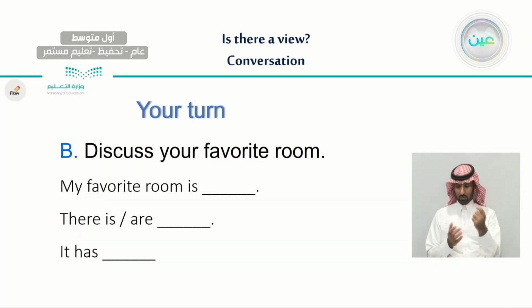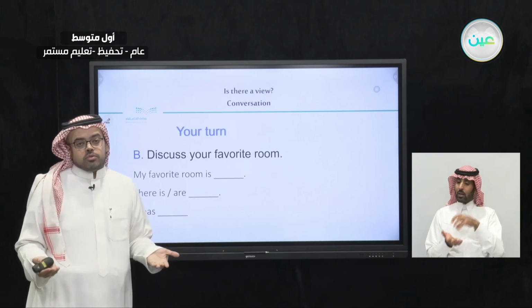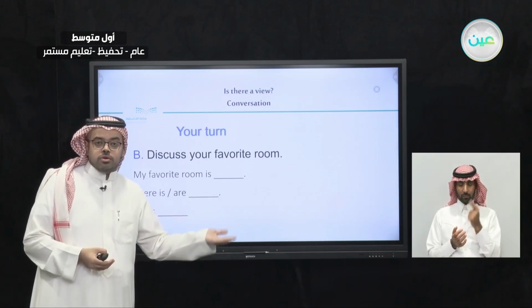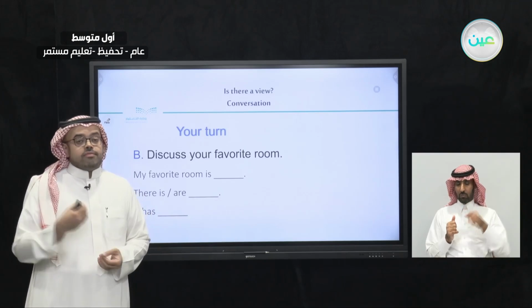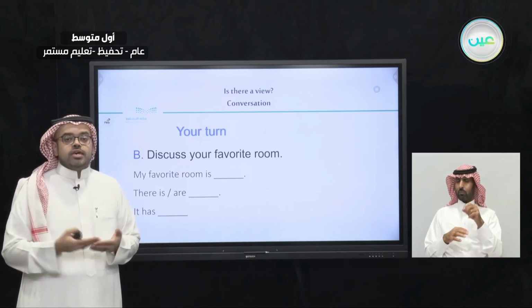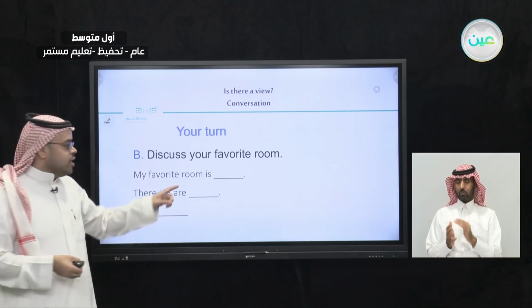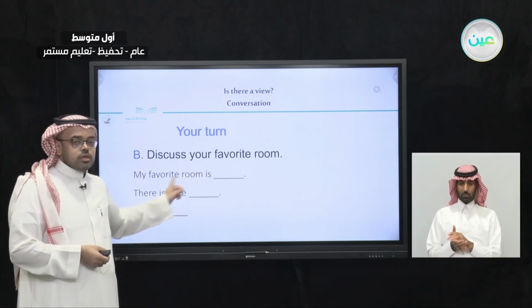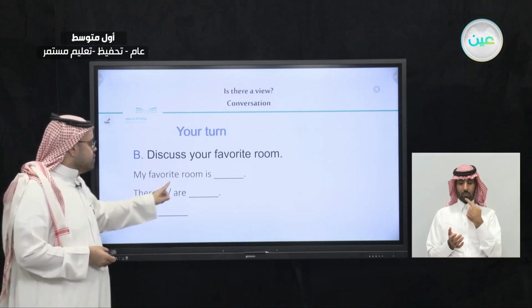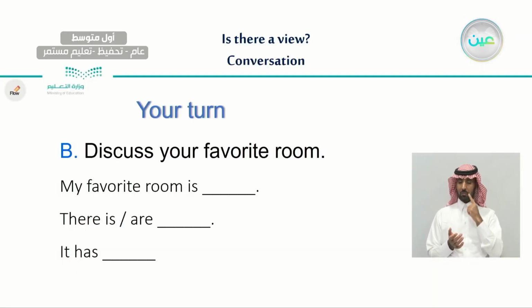We need you to tell us about your favorite room. What is your favorite room? Tom said that my favorite room is my bedroom, and John said my favorite room is the living room. And what about you? Write down your favorite room and say, my favorite room is your choice.